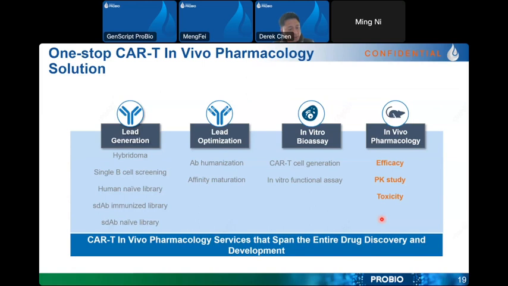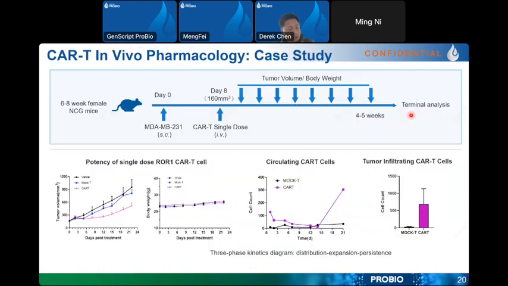The last panel in the whole process is the in vivo pharmacology. It includes efficacy, PKs, and toxicity studies. The typical animal model studies last about 4 to 5 weeks.